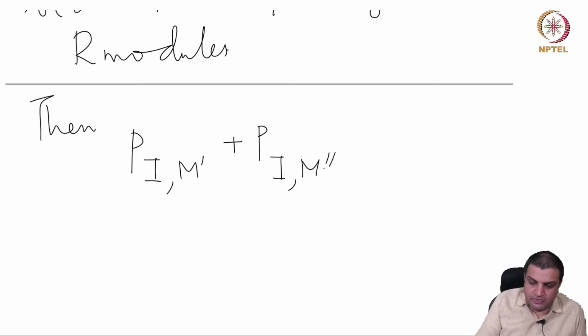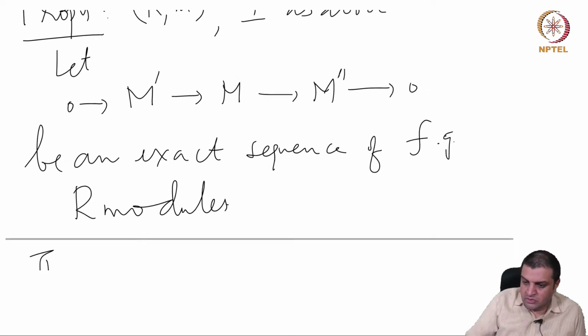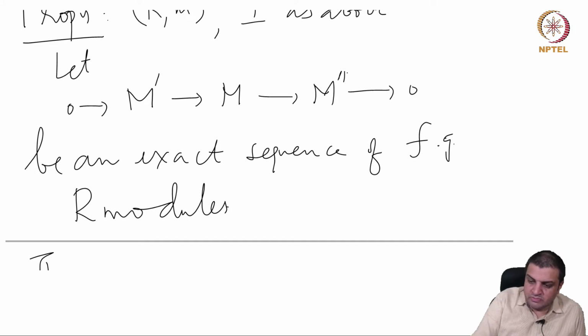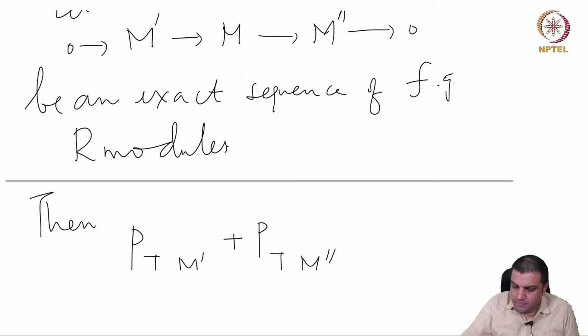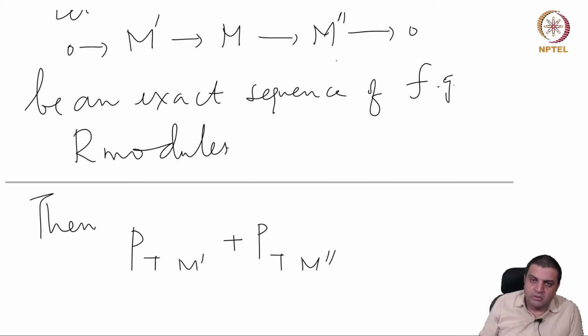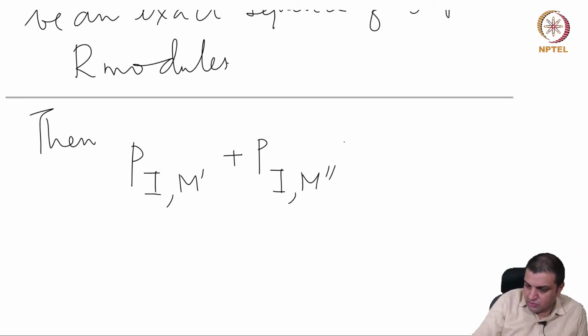So P_I(M prime) is eventually the value of the length of this module, M prime modulo I to the n plus 1 M prime. The second polynomial gives the length of this module modulo the appropriate power of the ideal. One would think that would be a potential candidate for the corresponding object for this, but it's not exactly this.